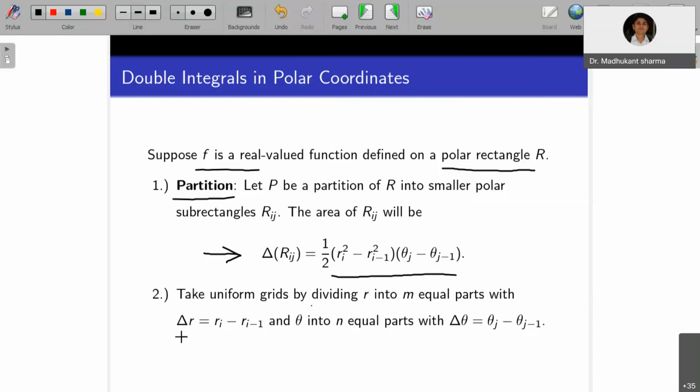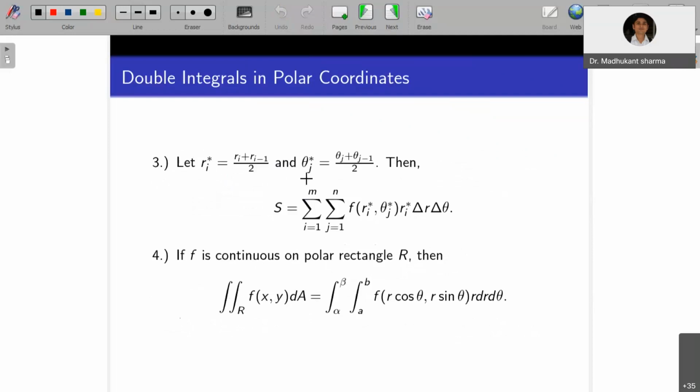Taking uniform grids, you define delta r equals this, and divide theta into n equal parts with delta theta equals this. You replace this by delta theta, and ri minus 1 is delta r into (ri plus ri minus 1). Then if you increase the number of partitions, this will sum, and if f is a continuous function, we are making sure that the summation will converge, because it is a double sum.